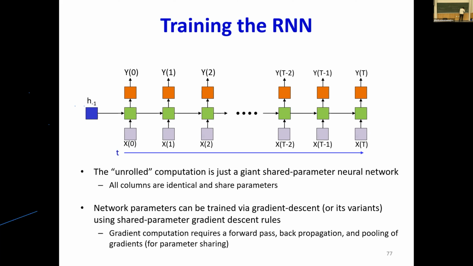And then I have X1, then I can have X2, and then finally I can have YT, right? If I think of it this way, this is just a very deep network, sort of with skip connections from various inputs to the intermediate layers of the network, right? I've just drawn it out on the side. So this entire unrolled network is basically one giant network, but it has shared parameters, right?